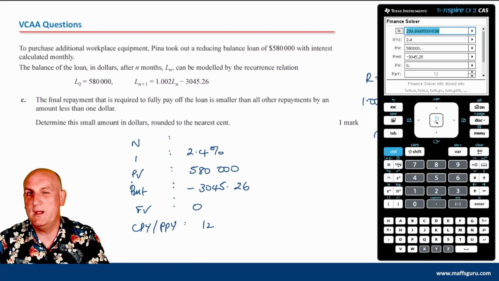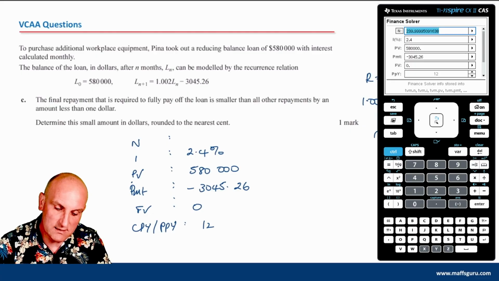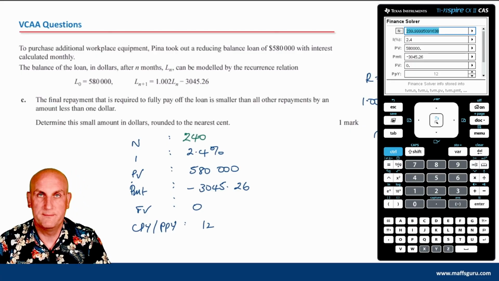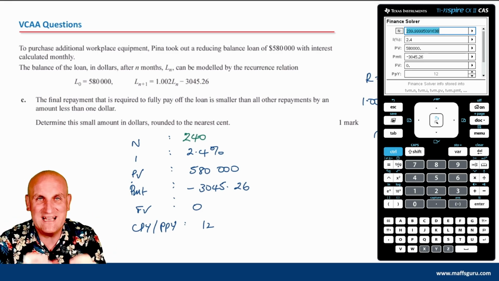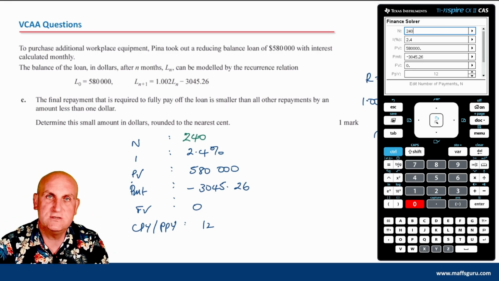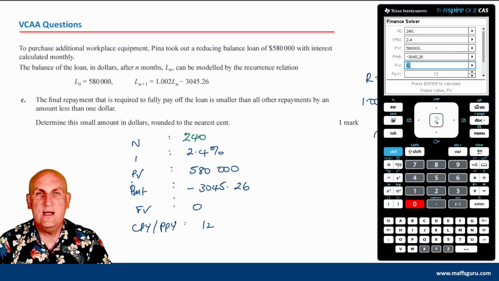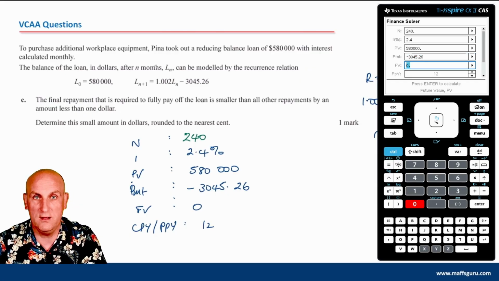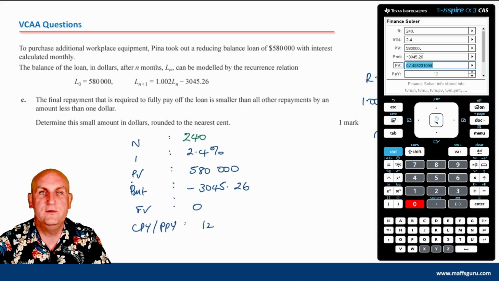So the chances are my loan is expected to last 240 months. But what will my future value be? So having found that, my n has to be a whole number. So I'm going to change that to 240, because now what I'm going to say is, if I do make 240 payments instead of 239.99999, what will I end up with as my future value?